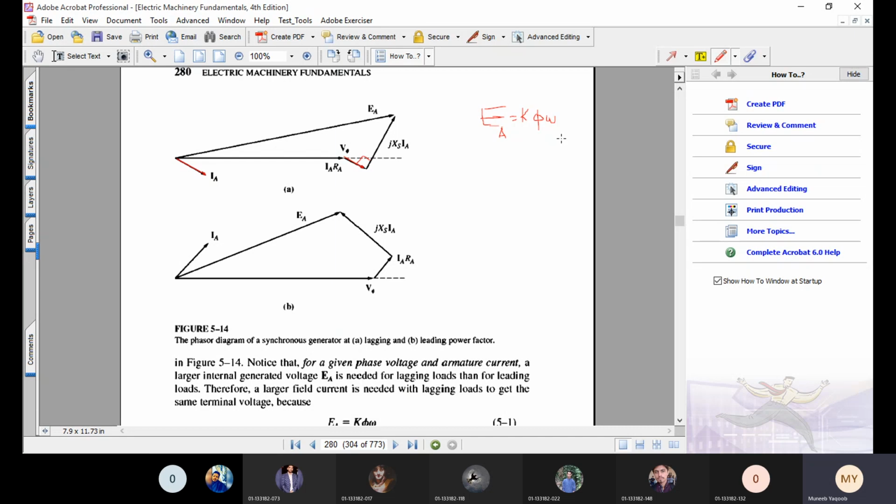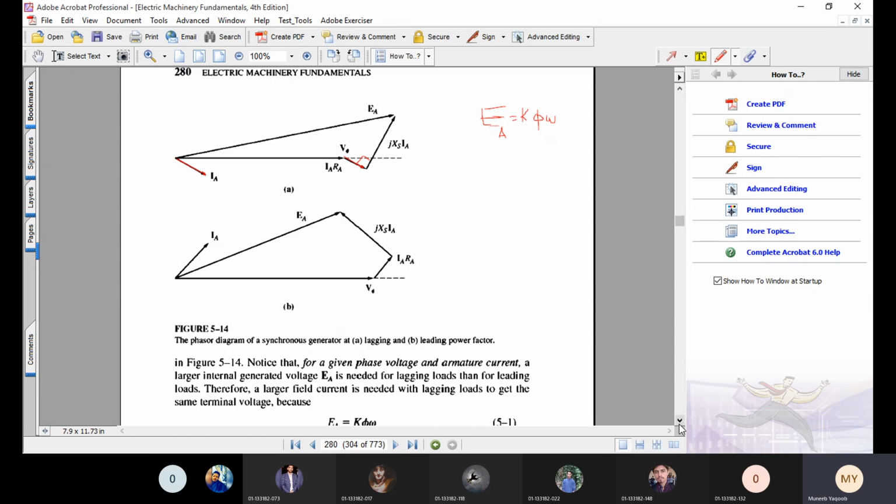What we can change is the flux, and since flux is proportional to the field current, to increase the flux we would increase the field current. So in short, for an inductive load, EA would be larger as compared to the capacitive or leading load. Therefore we have to provide more field current for an inductive load.